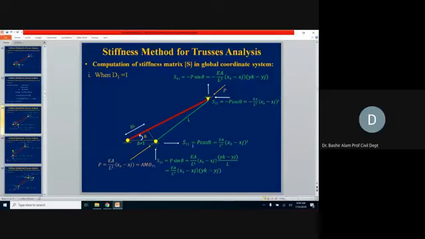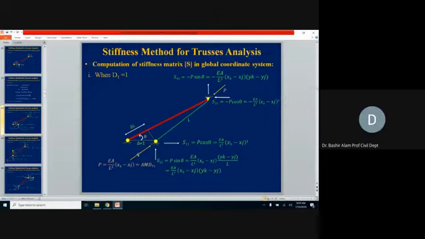Now the rest is the resolution. S11 will become equal to, here we have this theta, so the horizontal component of this will be P cos theta. P we already have, EA over L square times XK minus XJ, and cos theta is XK minus XJ divided by L. When we multiply, we end up with EA over L cube times XK minus XJ squared.